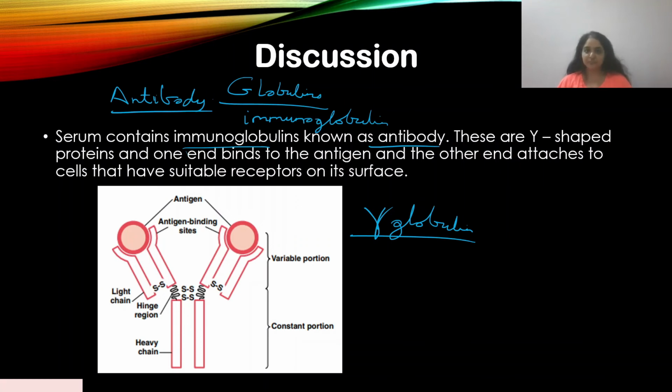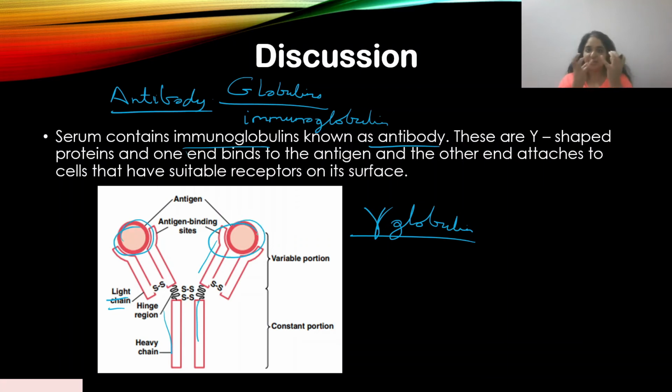The basic structure of antibodies is what you see on your screen now. They are Y-shaped proteins, and one end binds to the antigen and the other end attaches to the cell that has suitable receptors on its surface. You see the heavy chain and the light chain here, and these are the antigen binding sites.